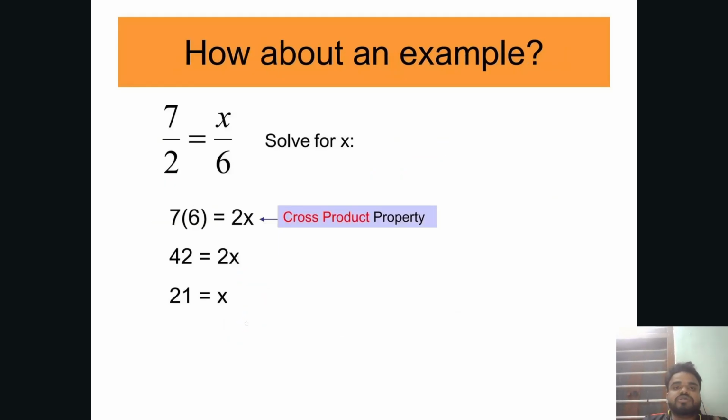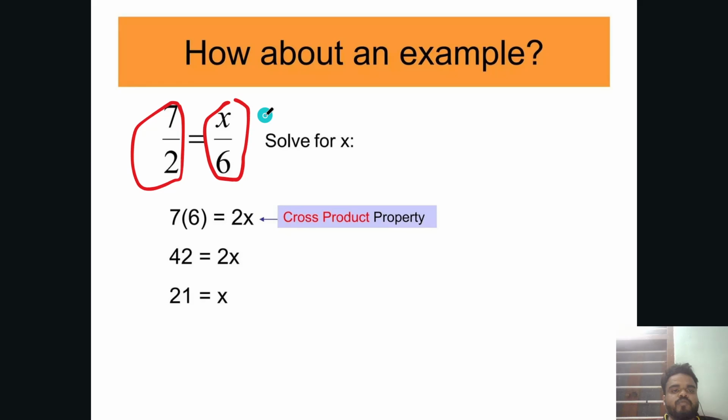Let's solve some unknown values using the cross product property by equating two ratios. Here 7 by 2 is one ratio and x by 6 is another ratio, but they are proportional to each other. We already know that it satisfies the cross product property. So multiply this numerator into this denominator, and this numerator into this denominator.